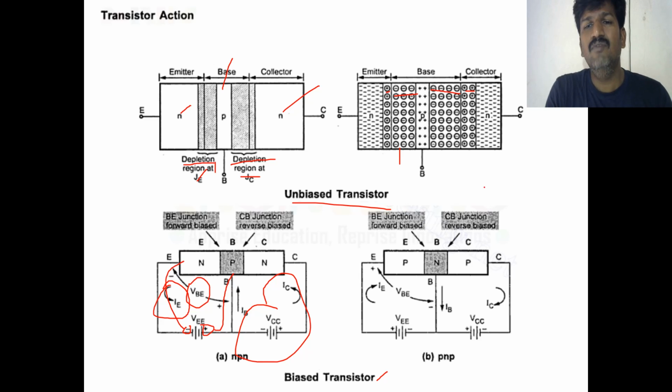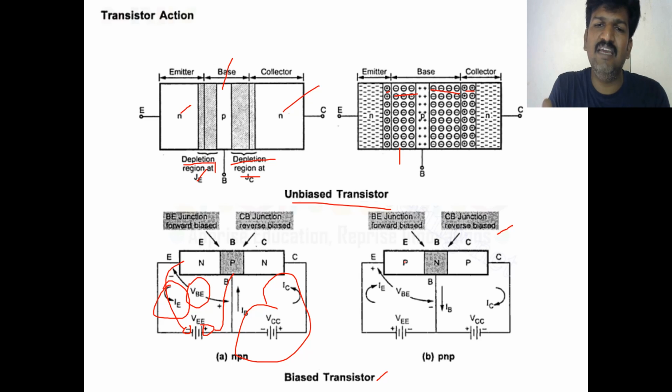The same thing applies to the biasing mechanism for the PNP transistor. Here you have to make the base to emitter junction forward biased, but you have to change the polarity of the power supply, because P is acting like the emitter and P is acting like the collector, whereas in the NPN, N is acting like the emitter and collector.